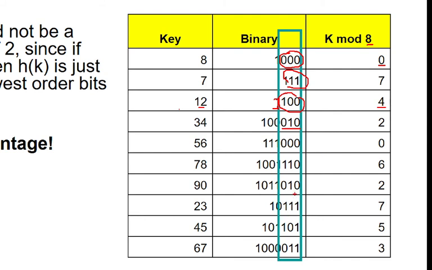Now the hash values are being determined based upon the lower 3 bits. At maximum these can be 111, which represents 7, right.